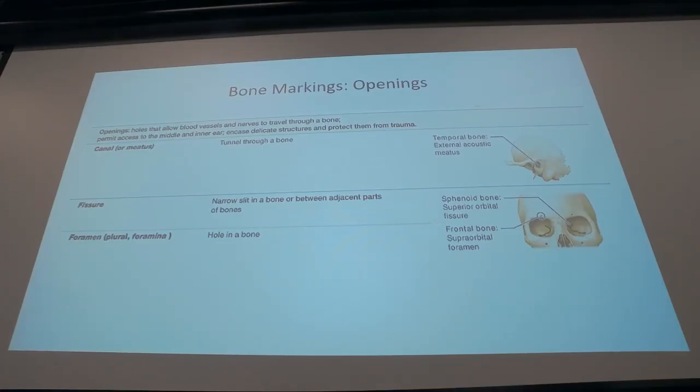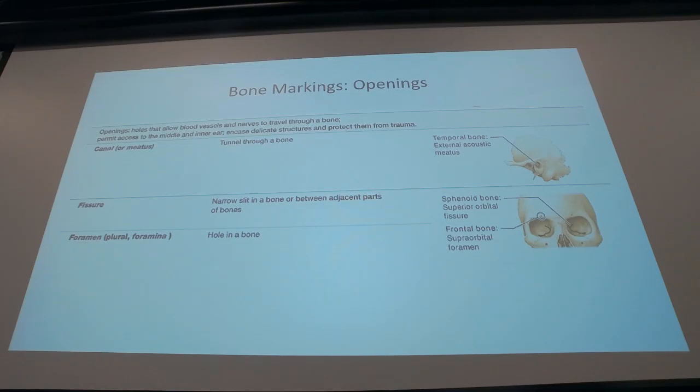So we have in here a superior orbital fissure, which is part of the sphenoid bone, and then we have an inferior orbital fissure that is made by different bones, like the sphenoid, the palatine, etc. So we will see this in a little bit more detail later, but enough to say is that these fissures are kind of slit-like openings.